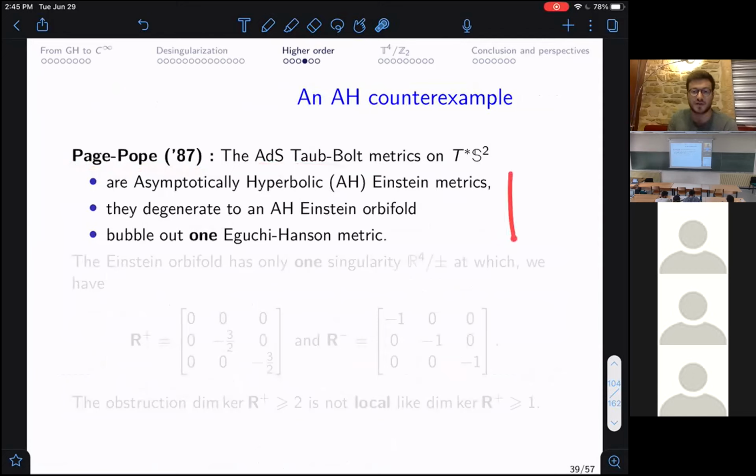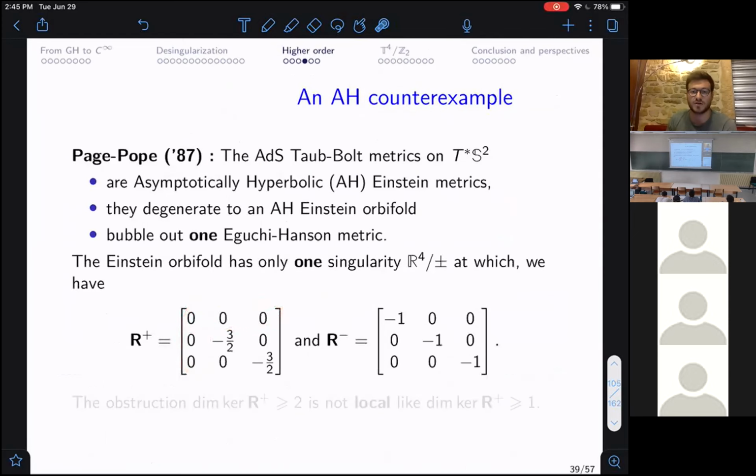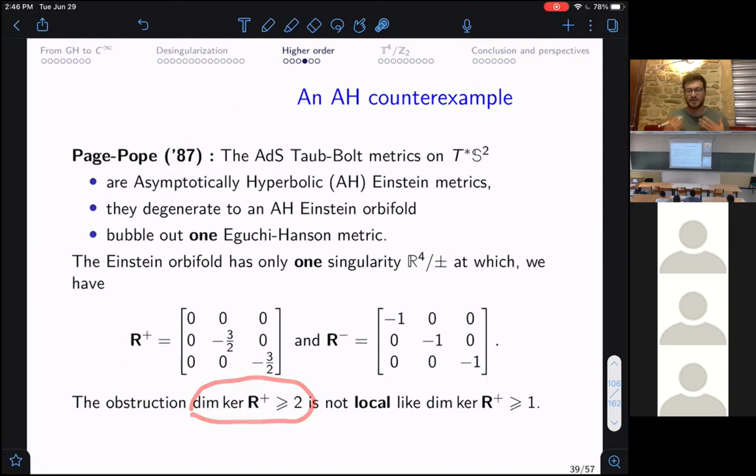It satisfies all of our assumptions, but the curvature only has a one-dimensional kernel here, so it's not satisfying our second order obstruction. And so the interpretation is that this second order obstruction really uses the compact nature of our metrics, and we cannot send our problems to infinity like you can in the asymptotically hyperbolic setting.